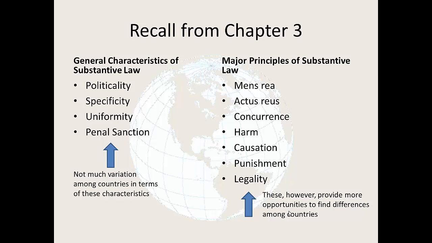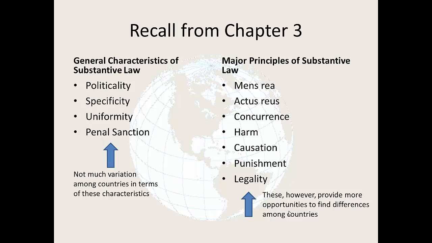There really isn't going to be much variation among the countries in these characteristics. Pretty much every legal system, regardless of legal tradition, has general characteristics that at least strive toward or claim to strive toward these four general characteristics.